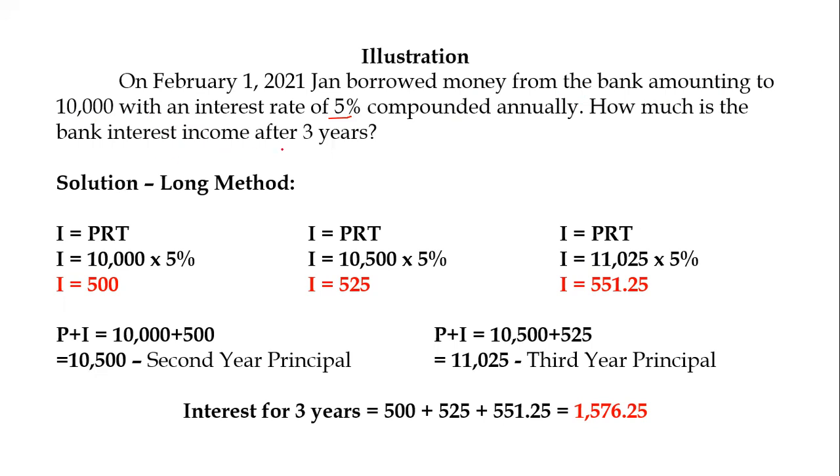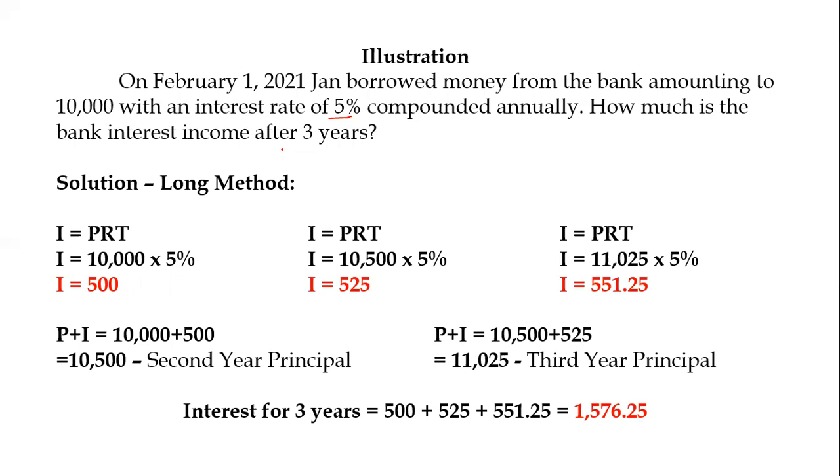So si John daw ay kumuha or umutang ng pera sa bangko nagkakahalaga ng 10,000 at napagkasunduan na ang magiging interest ng 10,000 na yun ay 5% compounded annually. So it means every year ang magiging basis na ng computation ng interest ay the principal plus the interest.